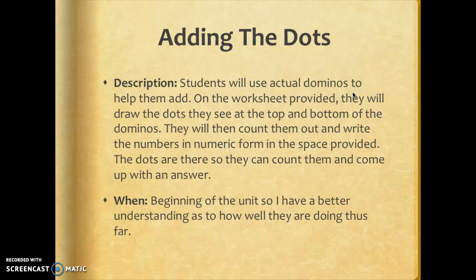So the top number that they see, they're going to draw the same dots just as they see it on the domino, and then when you move over to the right where the circles are, they will write the numeric form of the dots, and then they will count all of the dots and come up with their answer and add them.